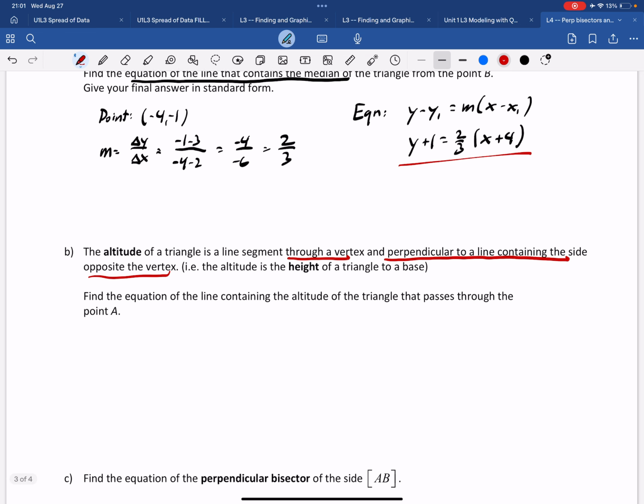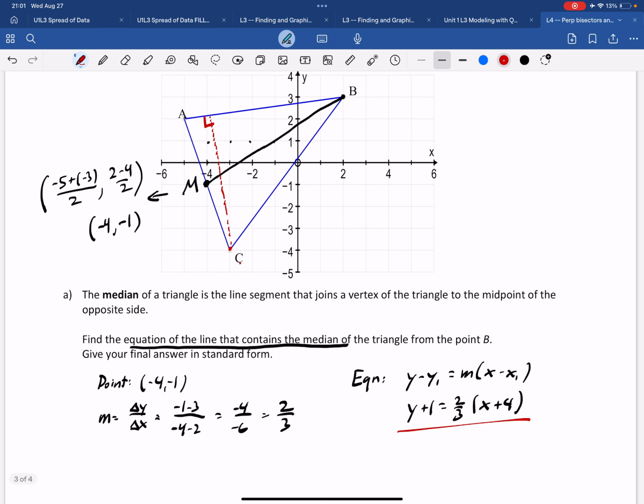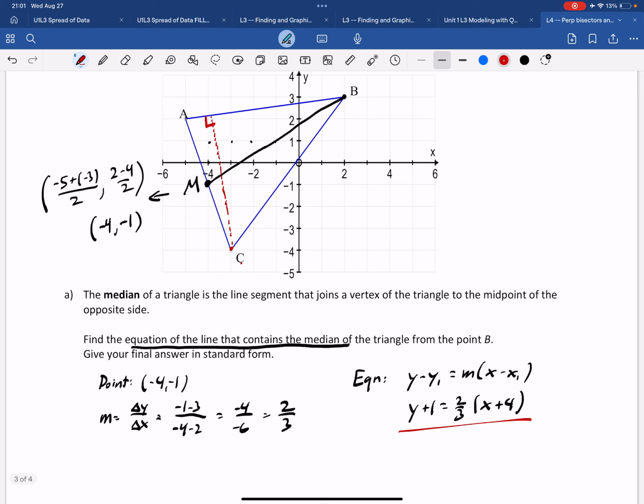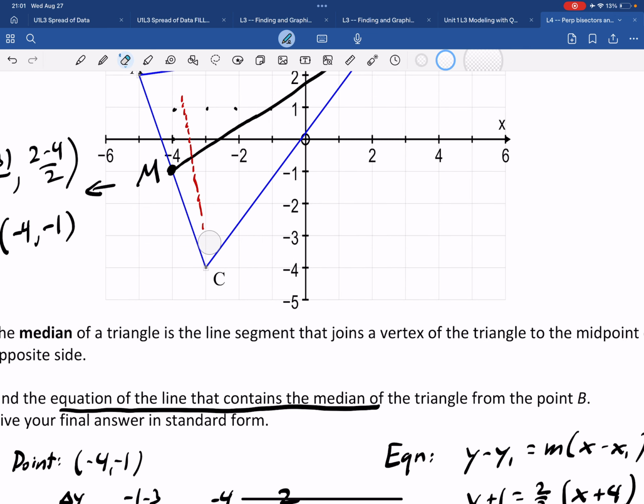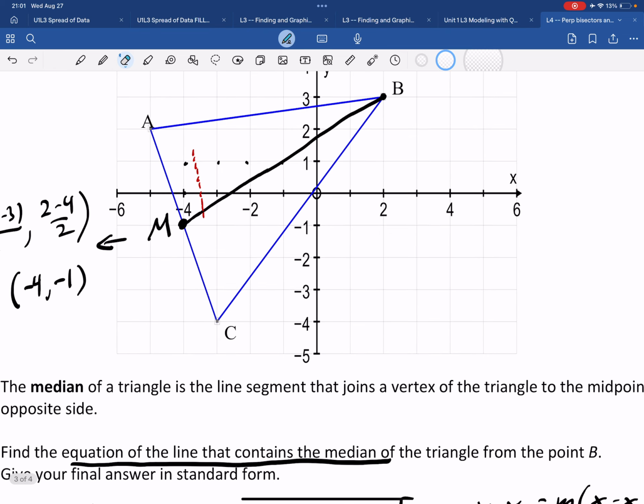Find the equation of the line containing the altitude of the triangle that passes through the point A. So that means we want to go from A to the opposite side, and we want to drop basically at a 90-degree angle.